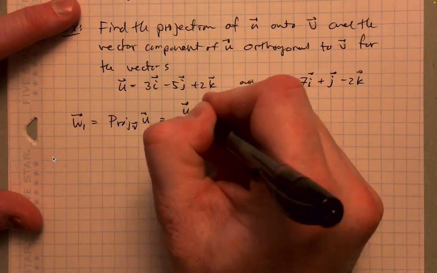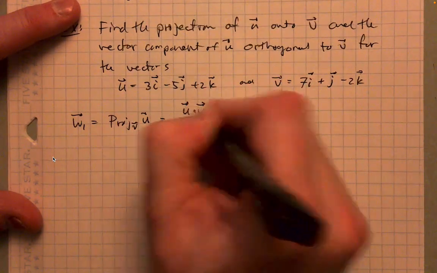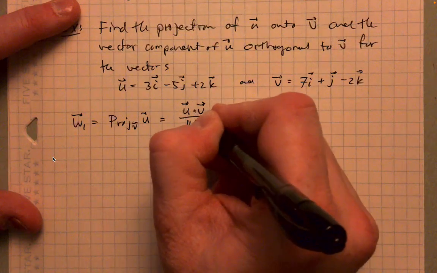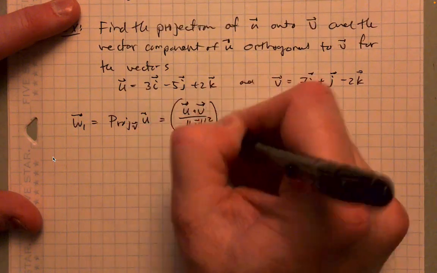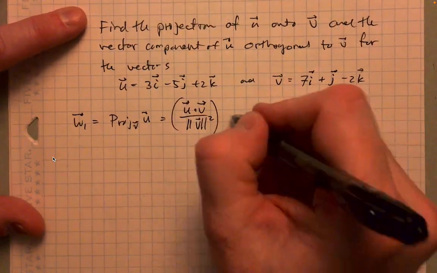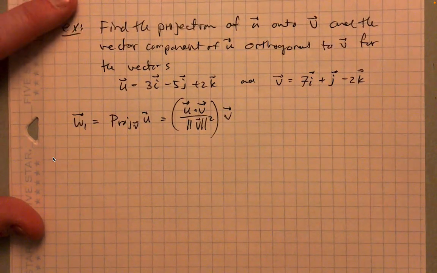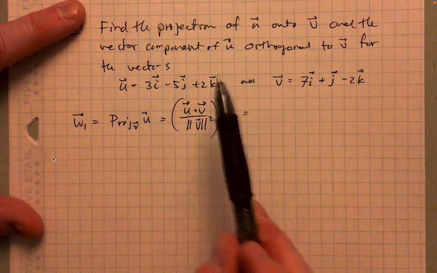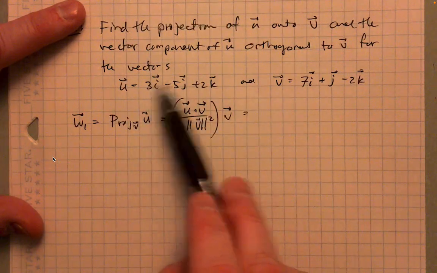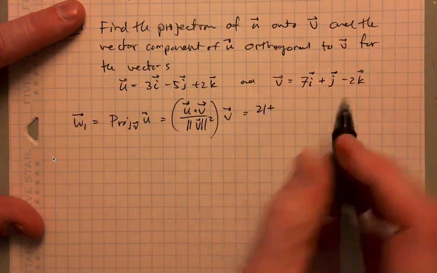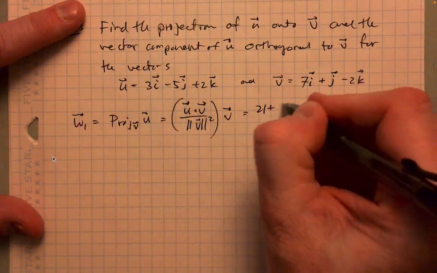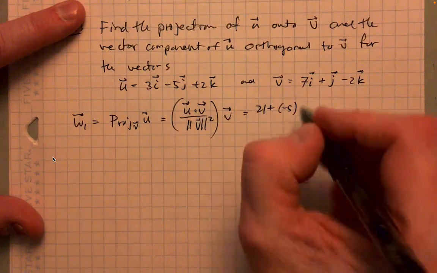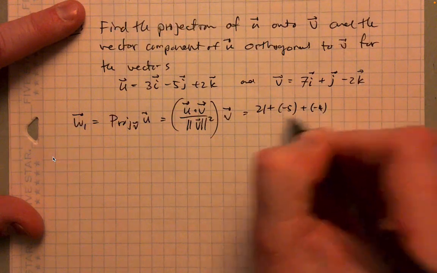That's going to be u dot v over the norm of v squared. That's going to be some scalar, and we want to multiply that scalar with the vector v. In this case, u dot v will be 7 times 3 is 21, plus negative 5 times 1 is negative 5, and then plus negative 4.